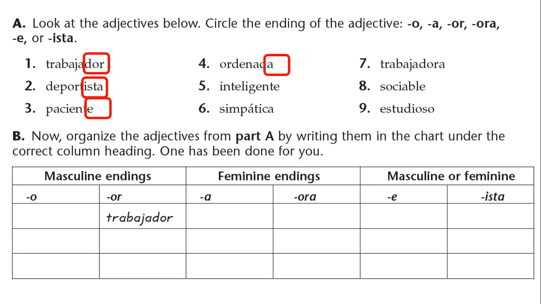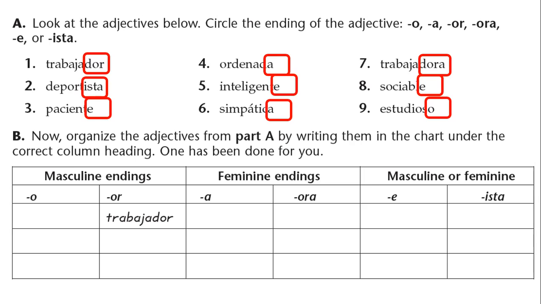Paciente, ordenada, inteligente, simpática, trabajadora, sociable, and estudioso. The endings, as we discussed in the articles lesson, will tell us whether we're talking about a male or a female if it doesn't give us a name in the sentence.